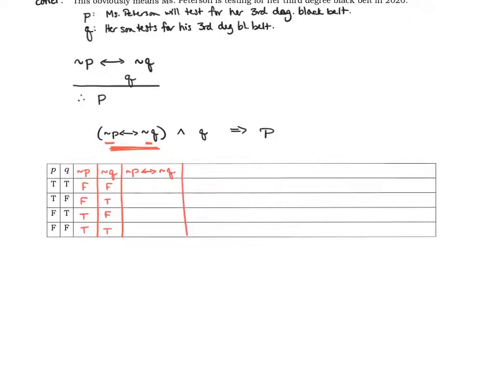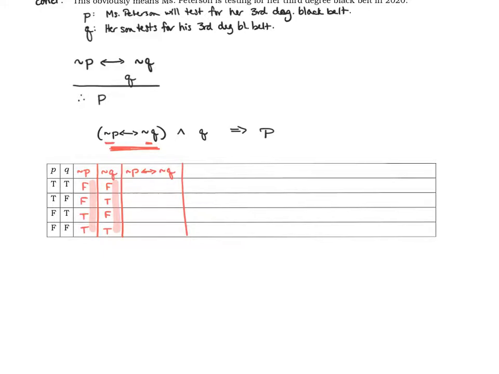Okay. So we're looking at the columns here that we just filled in, okay, those right there. And an if and only if, remember, is going to be true if and only if the values of your 2 pieces are the same. Okay, so a false and a false gives us a true, and a true and a true gives us a true.